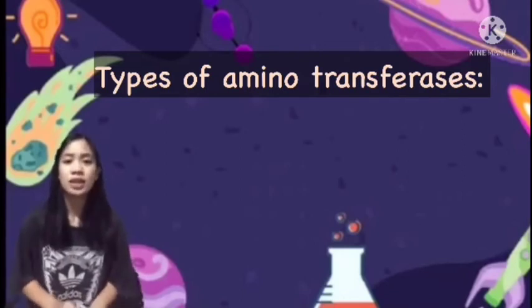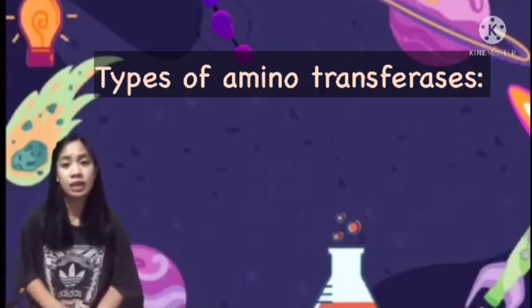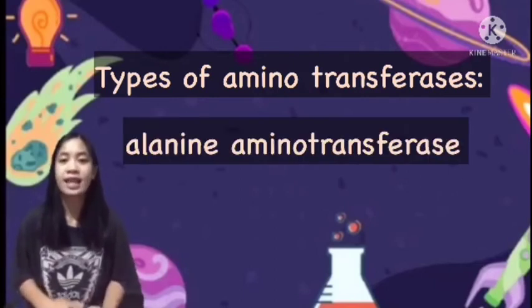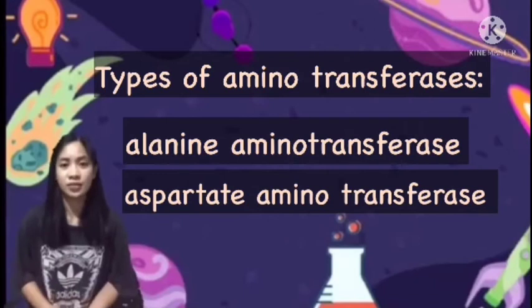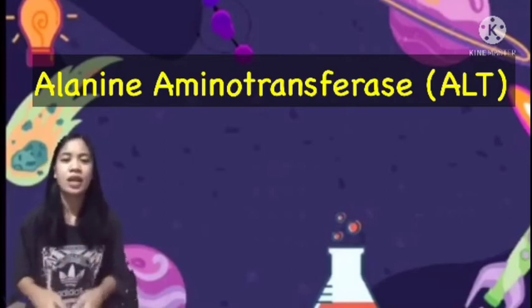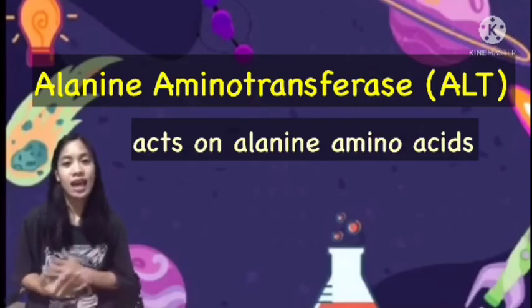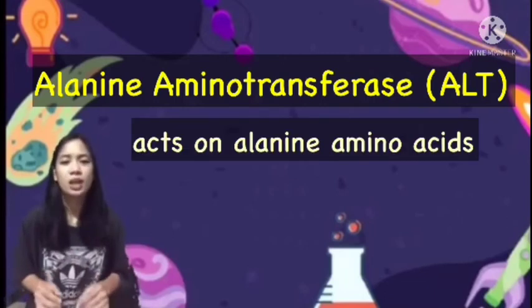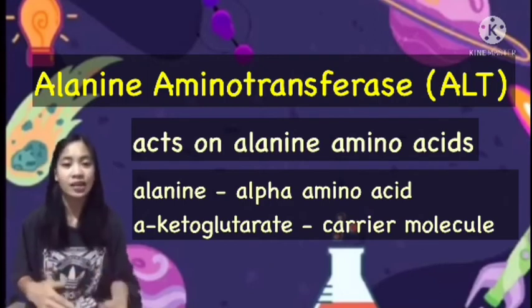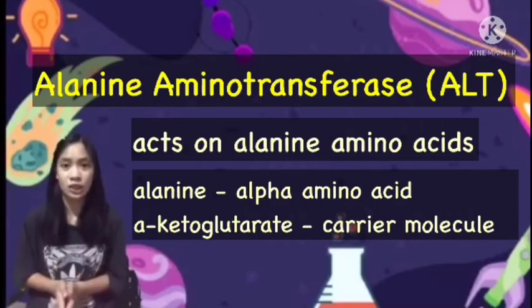The two aminotransferases that you have to be familiar with are the alanine aminotransferase and the aspartate aminotransferase. Let's talk first about the alanine aminotransferase, or the ALT. From the word itself, alanine, it acts on the amino acid alanine. Here we have the alanine, which is our alpha amino acid, and the carrier molecule that accepts the amino group is the alpha ketoglutarate.